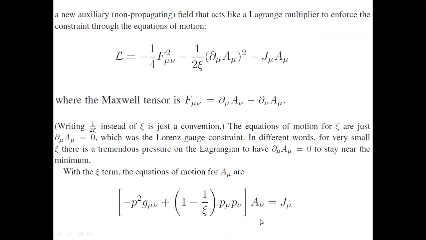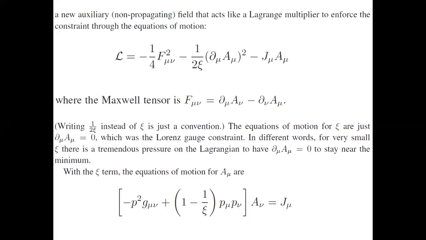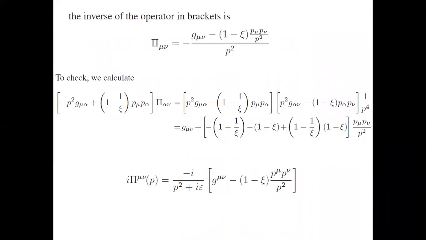So what do I claim? I claim that if I use this pi mu nu as the propagator, I simply get the Green's function of this operator in the momentum space.